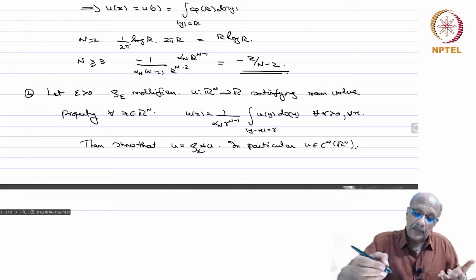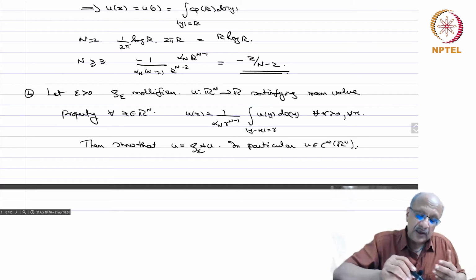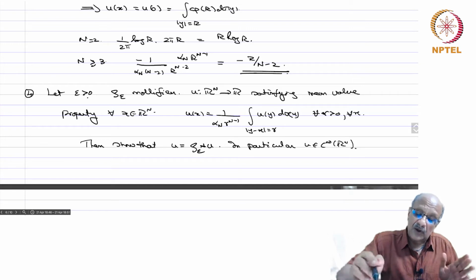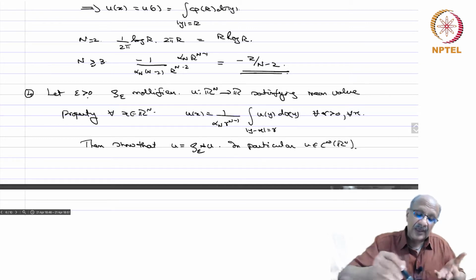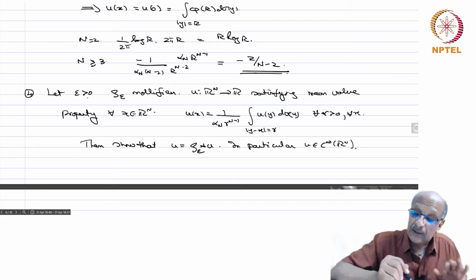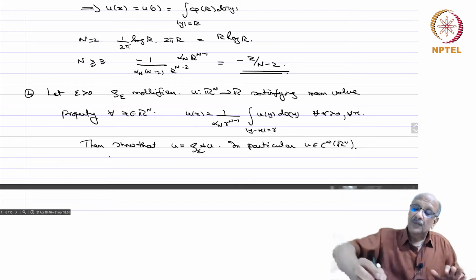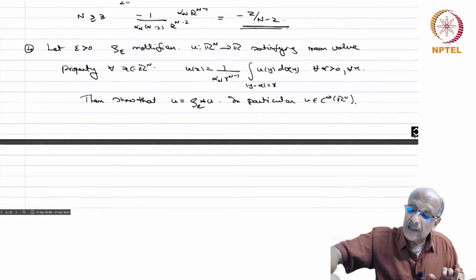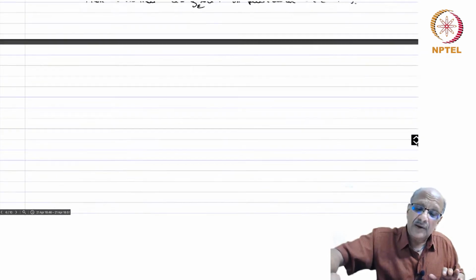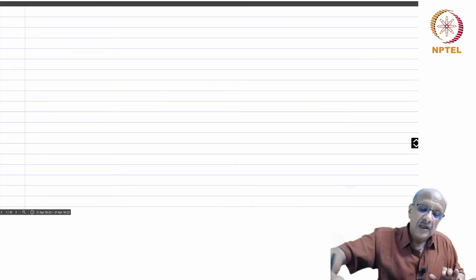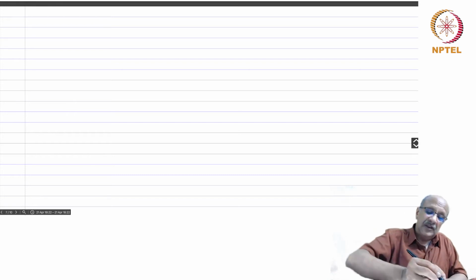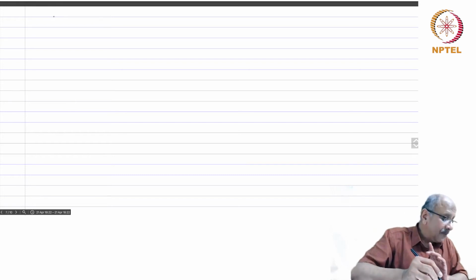This is true in any omega also. All you have to do is take epsilon small enough such that the ball with center x and radius epsilon is contained in omega. Here we are of course at liberty to take any epsilon we like, and therefore the proof is the same. This is a regularity statement: if you have a harmonic function, then it is infinitely differentiable in the interior of the domain.